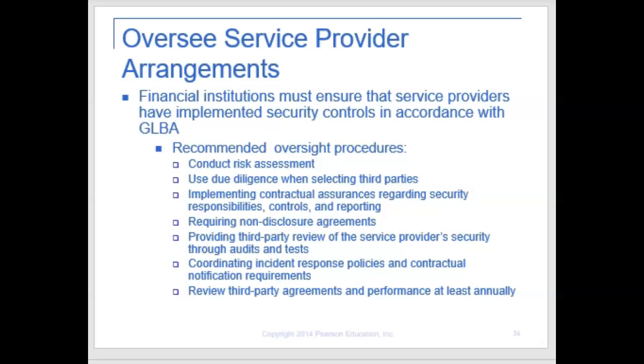They say that institutions can outsource a task, but cannot outsource the responsibility. So we want to include things like a risk assessment process for vendor management, doing due diligence, contractual assurances, what about non-disclosure agreements, and even coordinating incident response policies.